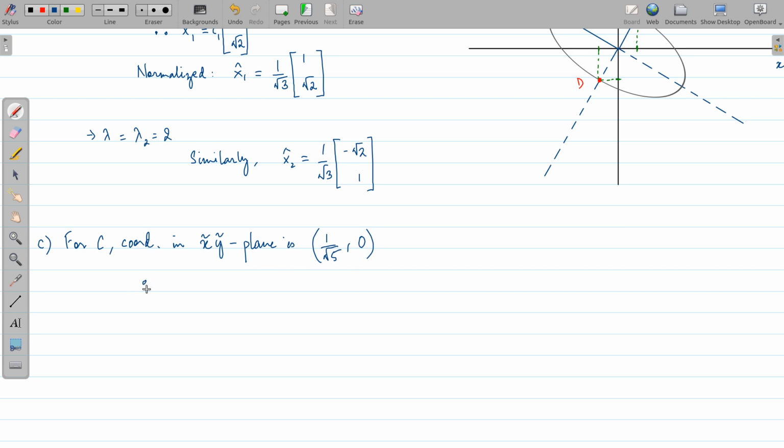So therefore the transformation is x equals capital X into y.